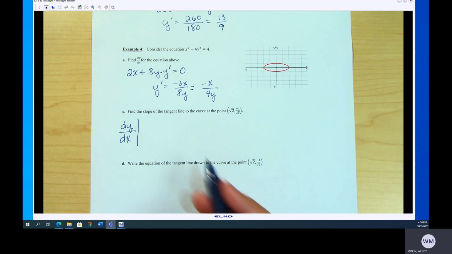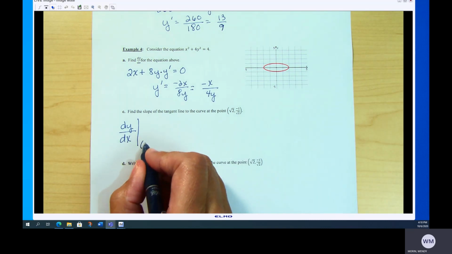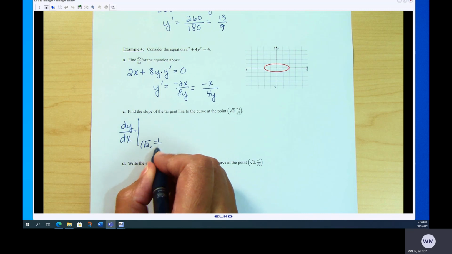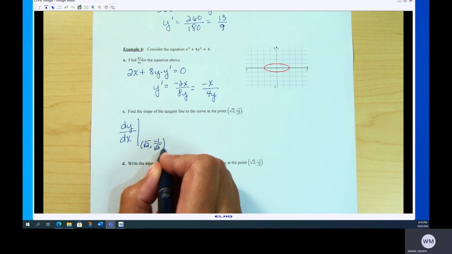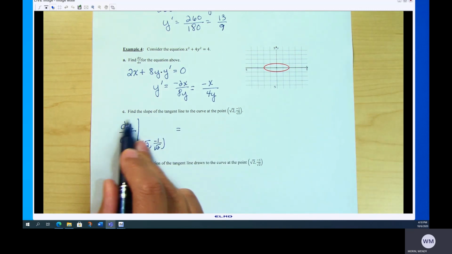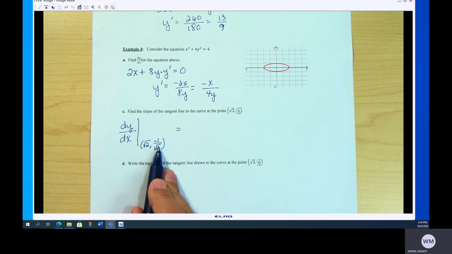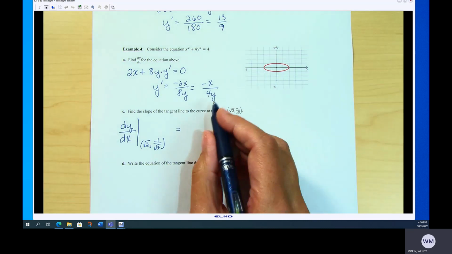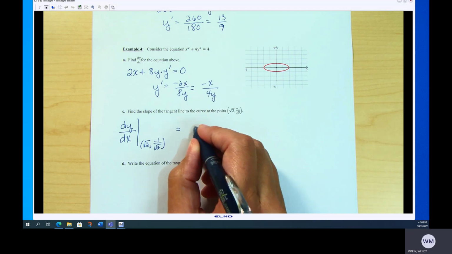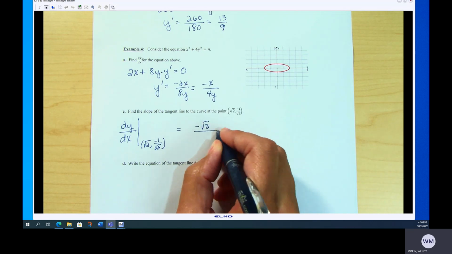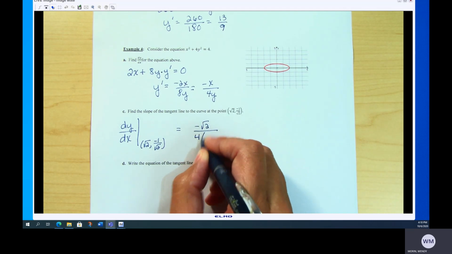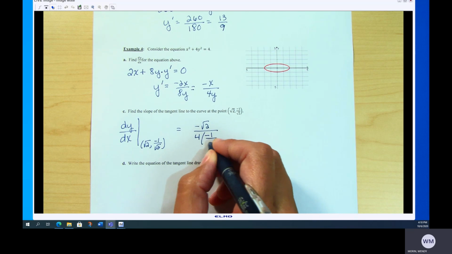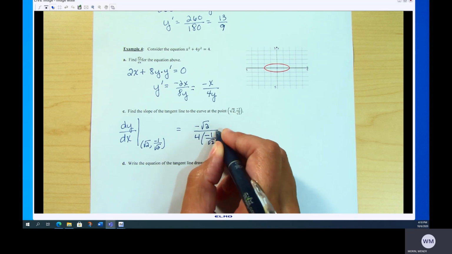Well, it's not at x equals, it's at that point. So the notation is going to look like this. The derivative at this point. Well, the derivative is up here, so let's go ahead and plug in our point. We have our x is the square root of 2, and our y is -1 over the square root of 2.